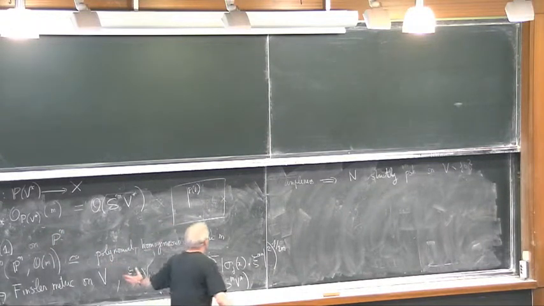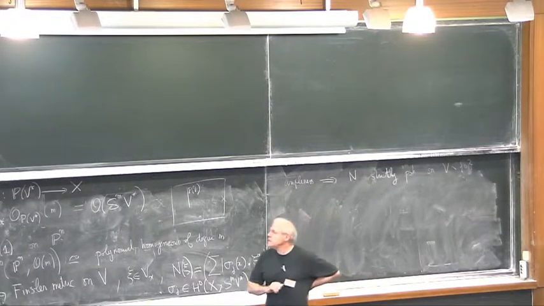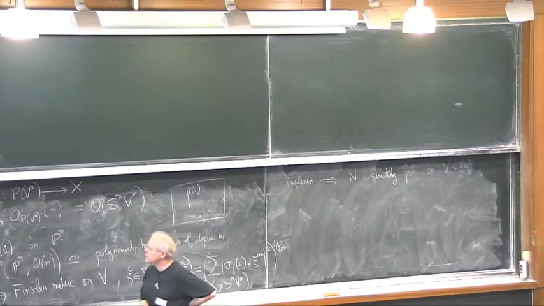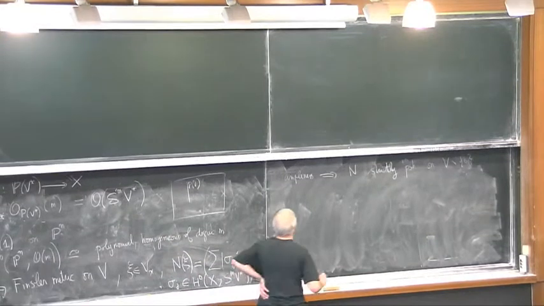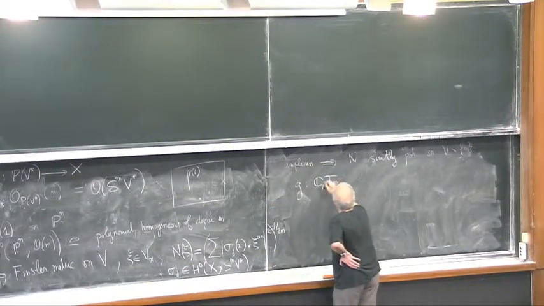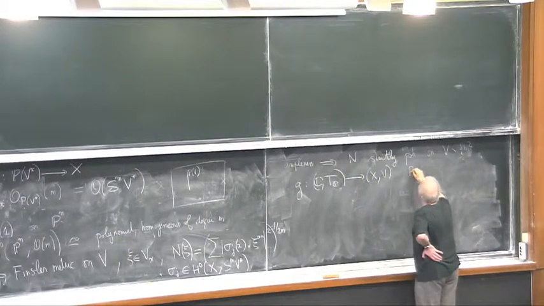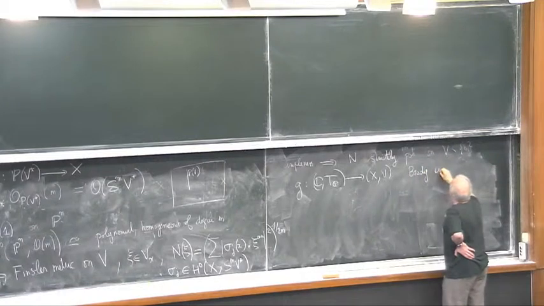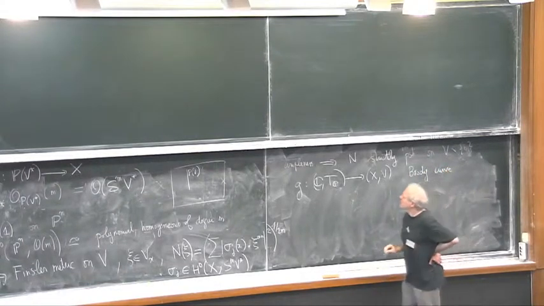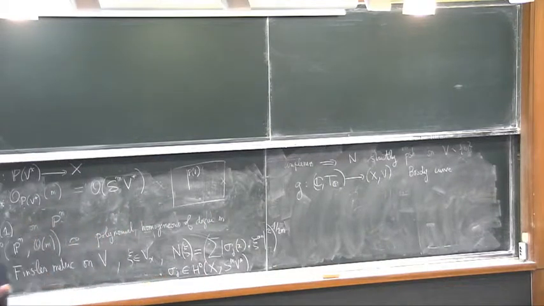So now, if you take a Brody curve, it's only needed to exclude a Brody curve. So suppose g is a Brody curve. I didn't say X projective here.